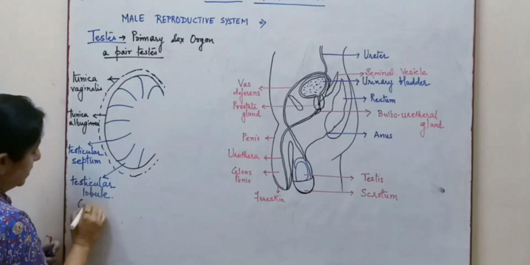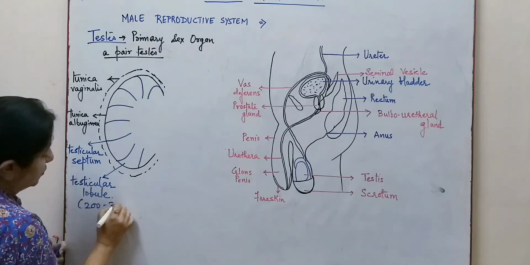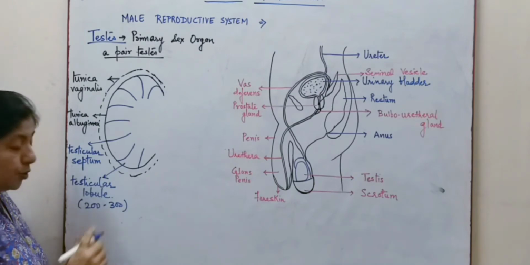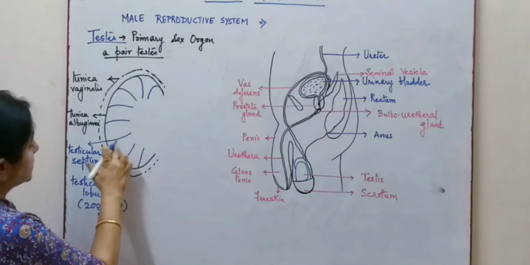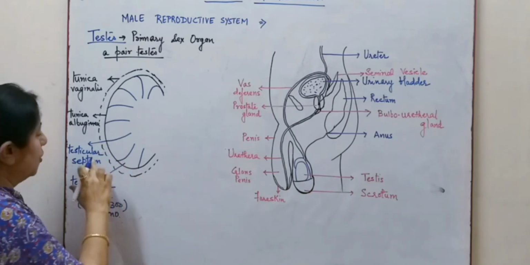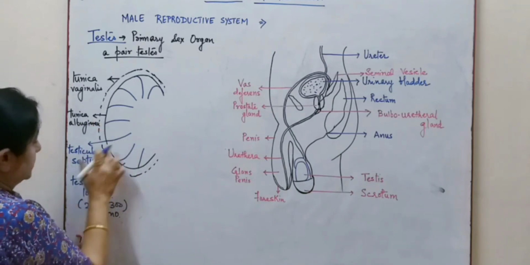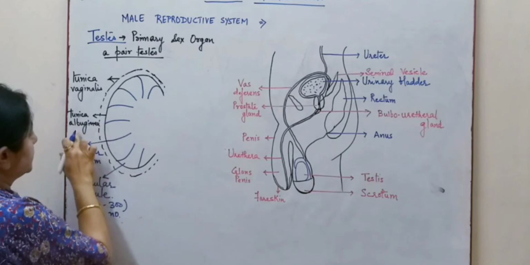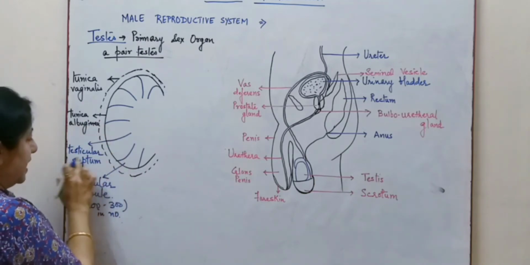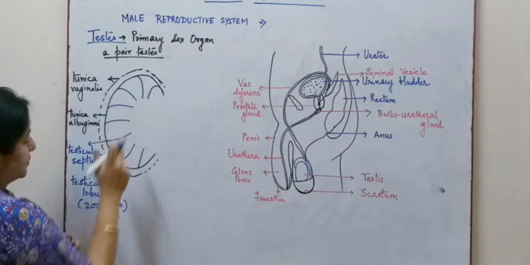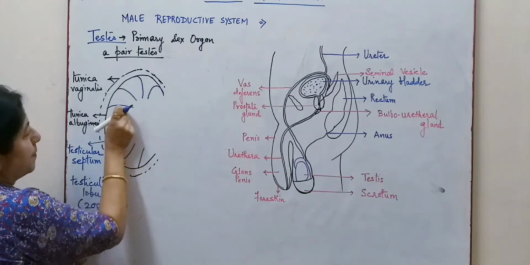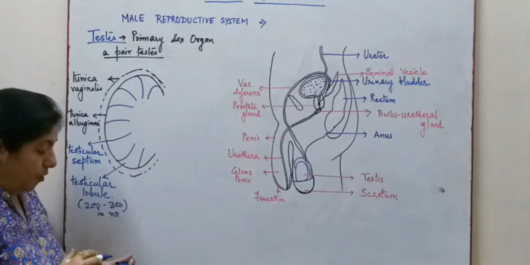So there can be 200 to 300 such lobules present in each testis, and they are formed due to the infoldings of the tunica albuginea with the help of the septum. These partitions are known as septum, and the lobules, the compartments over here, are formed.